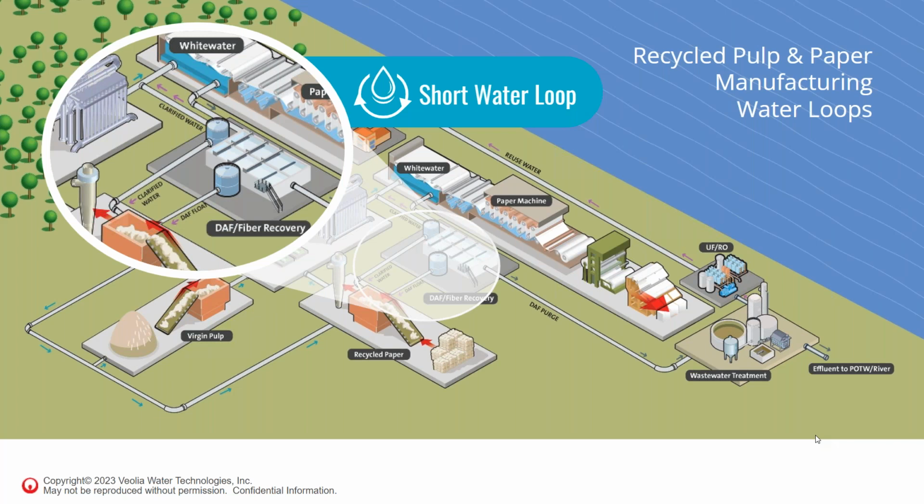And these DAFs can be placed inside the recycle plant, or they can be placed on the paper machine whitewater, sending water back into the pulping plant, or sending water back to the paper machine for use in the showers. So we're going to talk a little bit about these applications.